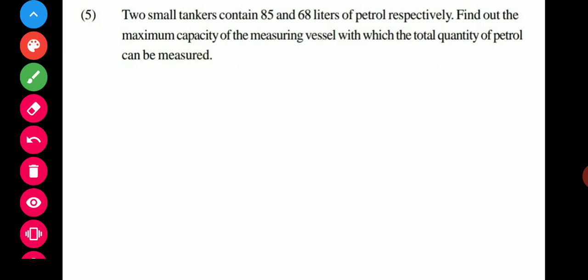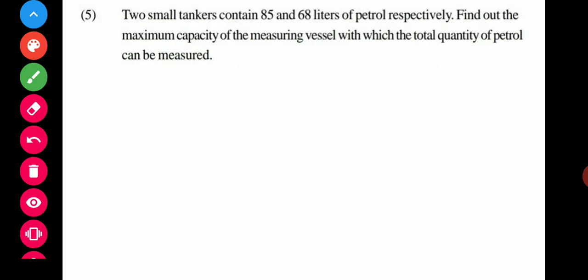So which word matters here? Maximum capacity. This one is maximum capacity. It shows we have to find the HCF of both. Maximum capacity indicates HCF.